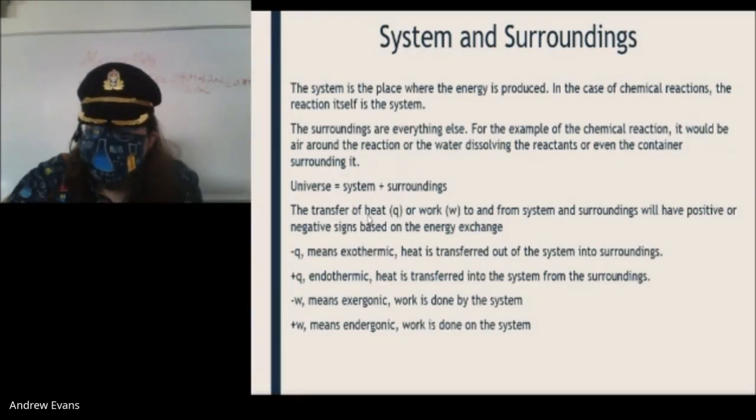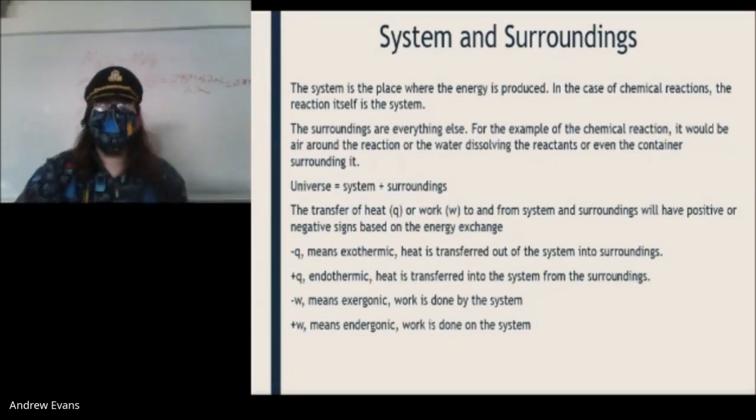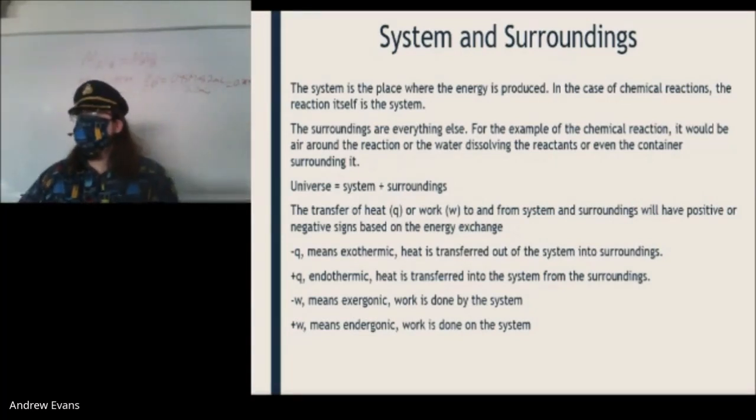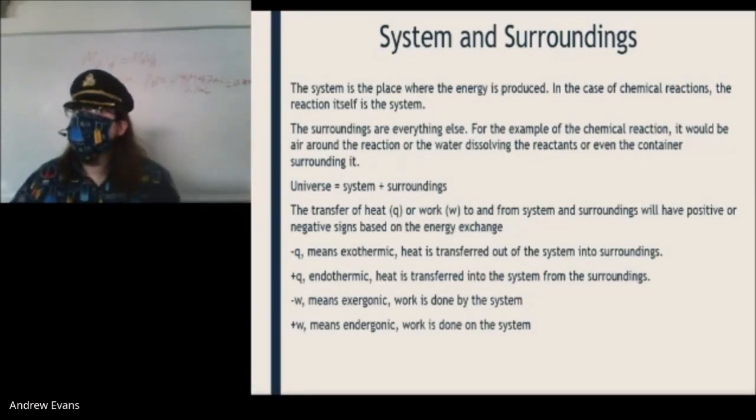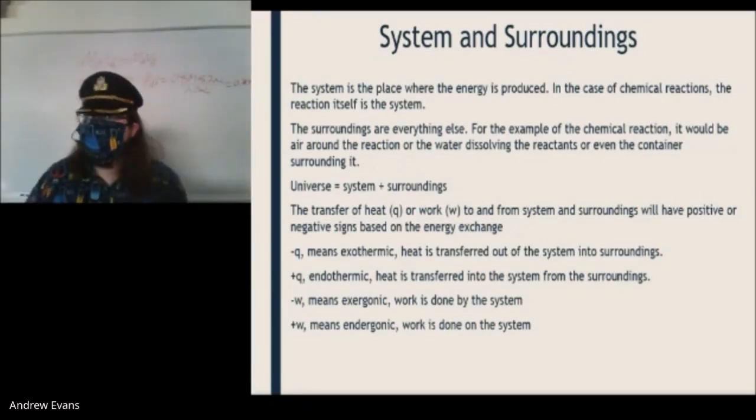But the reason why we need to consider system and surroundings is because the transfer of heat Q or work W will either be to the system from the surroundings or from the system to the surroundings, and will have a positive or negative sign based on this energy exchange. If I run around, I'm super hot and sweaty, and the heat radiates off my body. So I start with, say, 500 joules of energy.